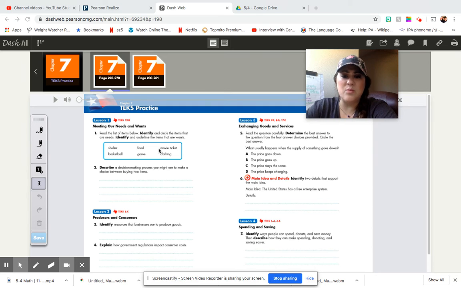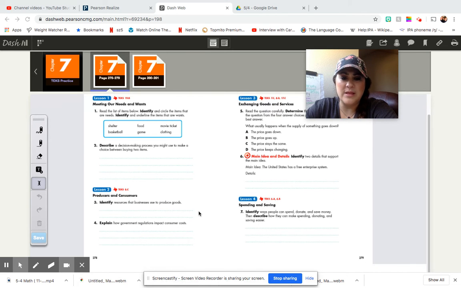And then we are going to move on to lesson 4, spending and saving. Identify ways people can spend, donate, and save money. Then describe how they can make spending, donating, and saving easier. So remember, spending money is when you're buying something. Donating money is when you are giving money to typically an organization that needs it, and you're not getting anything in return.